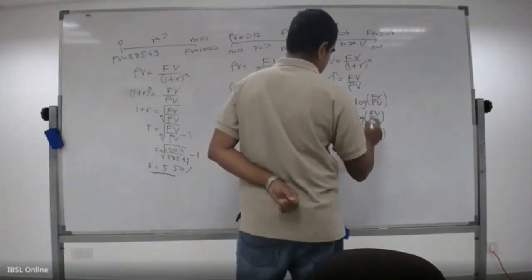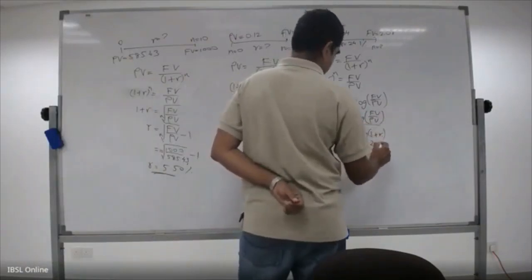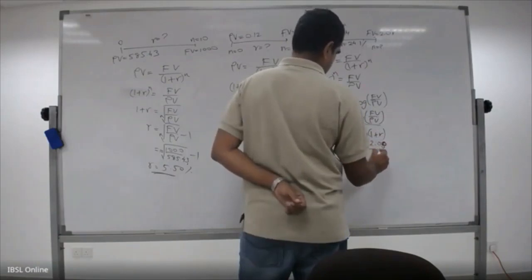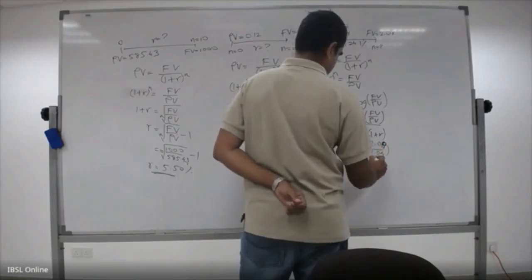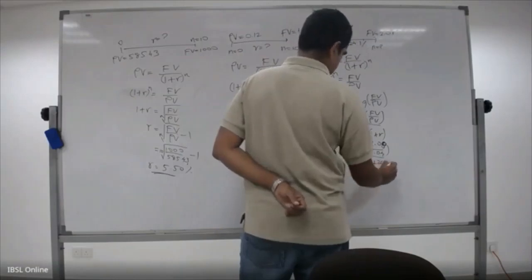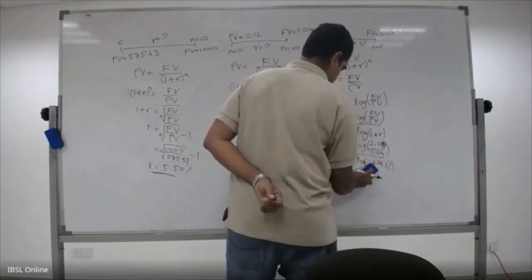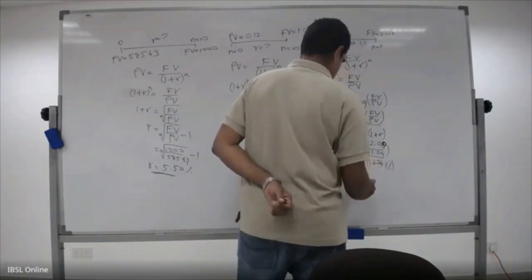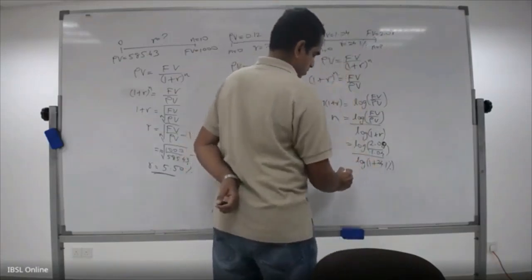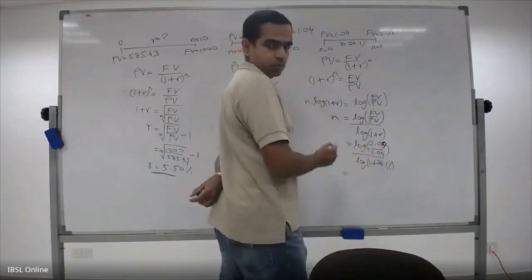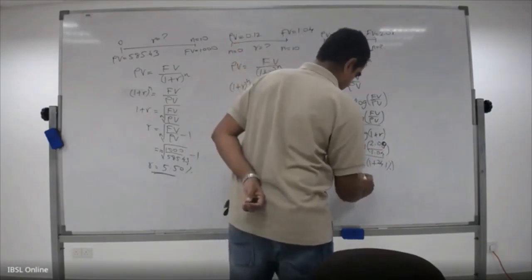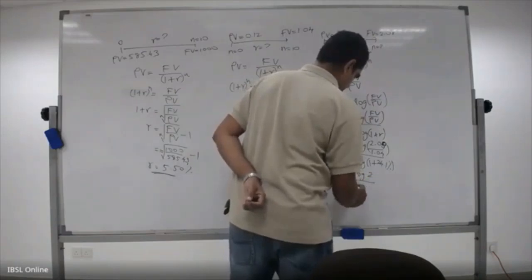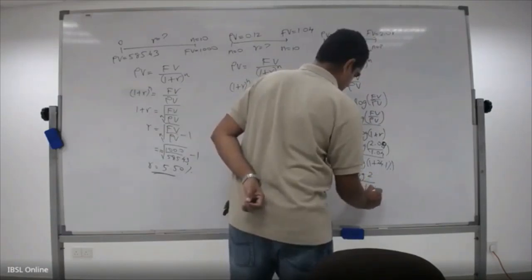The logarithm of future value, 2.08, divided by present value 1.04, over the logarithm of 1 plus 24.1%. So 2.08 divided by 1.04 is 2. This will be the logarithm of 2 divided by the logarithm of 1.241.